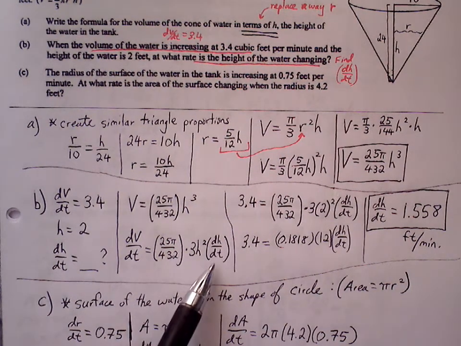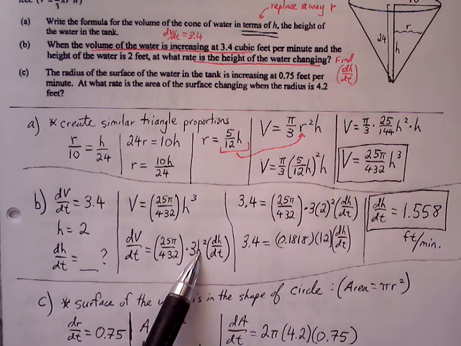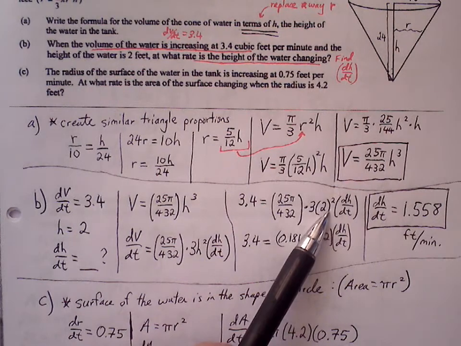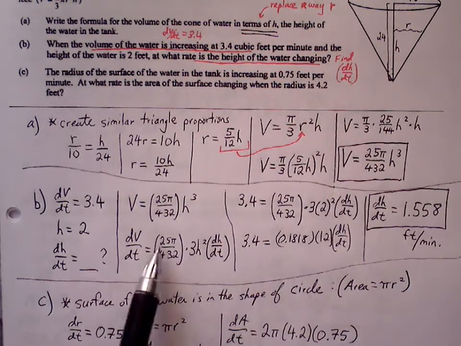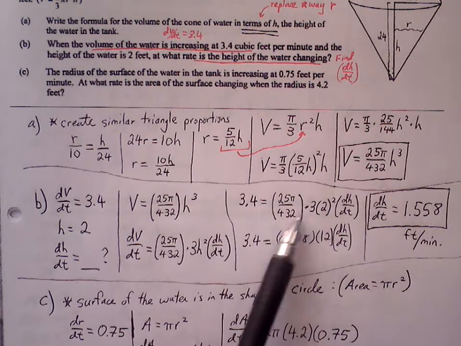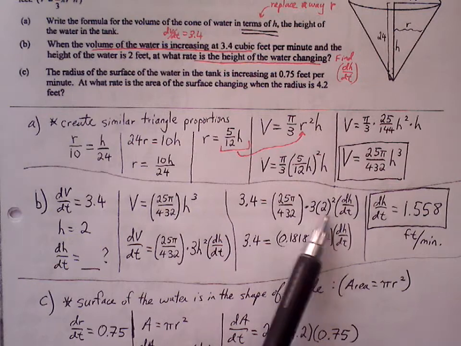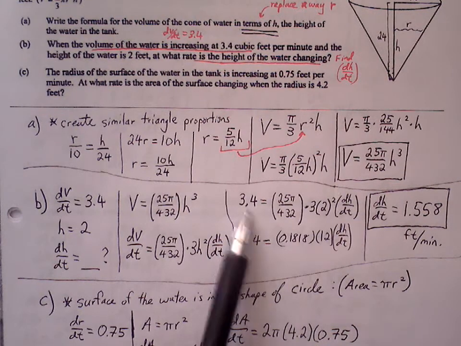Now that we have our derivative, we can start putting information in. H gets replaced with 2. dV dt gets replaced with 3.4. The only variable that we need to get by itself is dH dt because all the other variables have been accounted for.